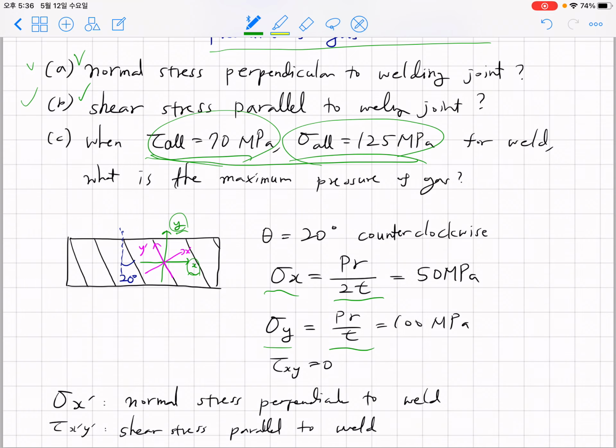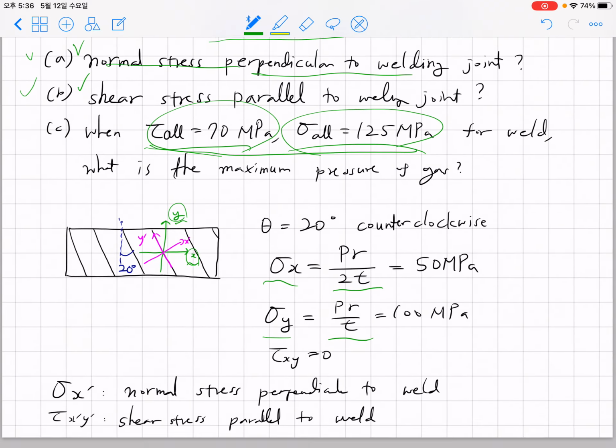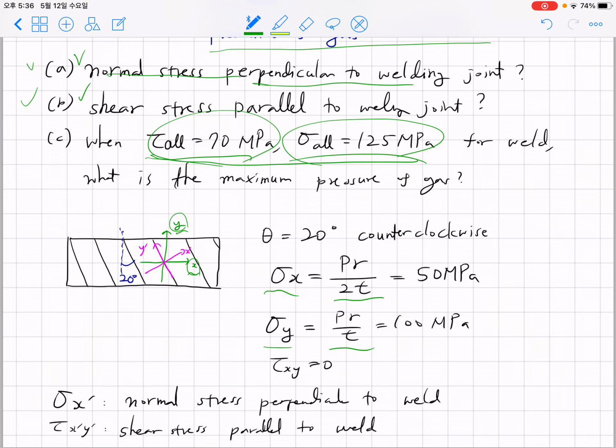And then because the problem is asking us the normal stress perpendicular to the welding joint, we can take the x prime axis as the perpendicular direction to here. We can take the y prime axis that is parallel to this welding joint, so that this x prime is a rotation of 20 degree from the original xy coordinate system.